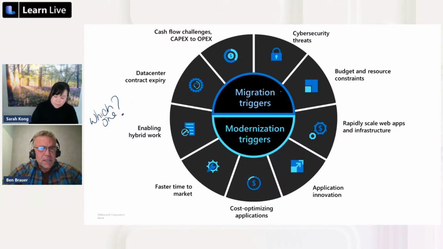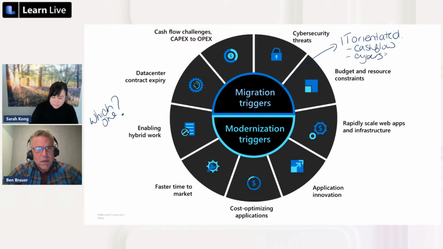They're more specific to things like your data center, how cash flow is running, the cybersecurity requirements you have, or budget and resource constraints within your IT organization. So these IT-oriented triggers will most likely give you a sense that you should migrate these applications.